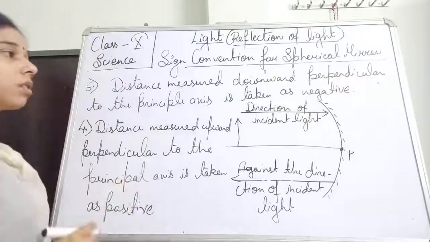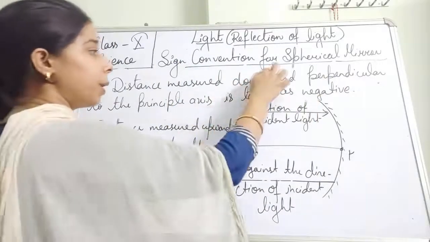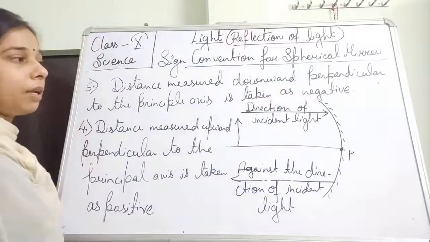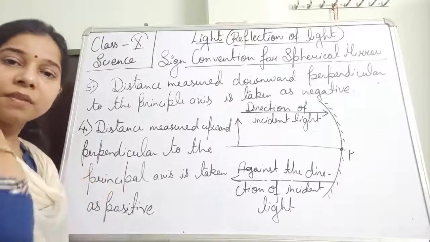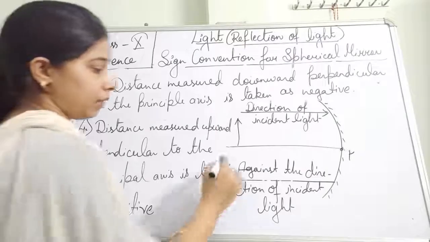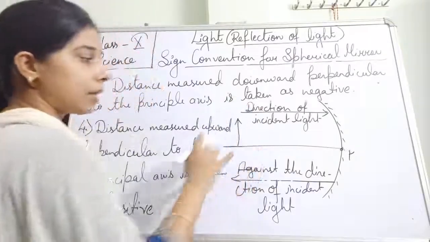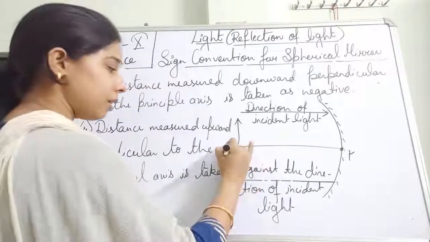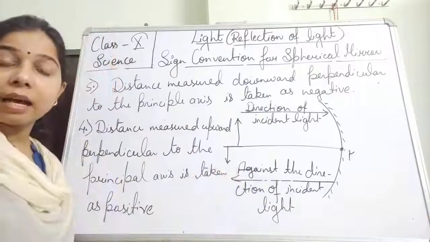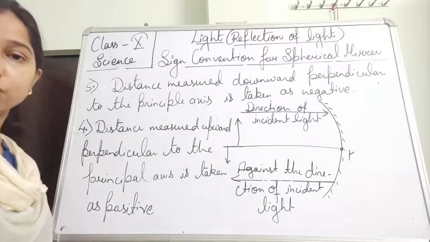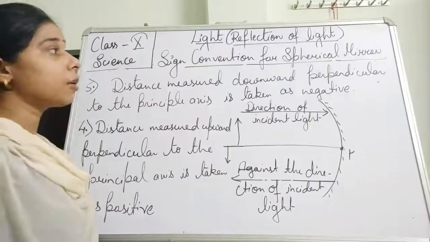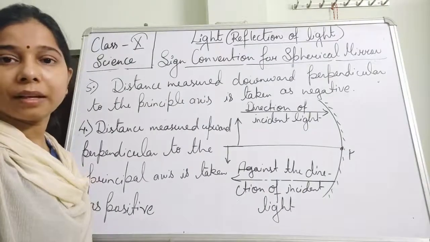Okay, so the distance measured downward perpendicular to the principal axis is taken as negative. One is taken as positive, another one is taken as negative. So if it is in the upward direction, that is taken as positive. If it is in the downward direction, that is taken as negative. Okay, this is actually the height. Okay, students, so these are some of the sign conventions for the spherical mirror.